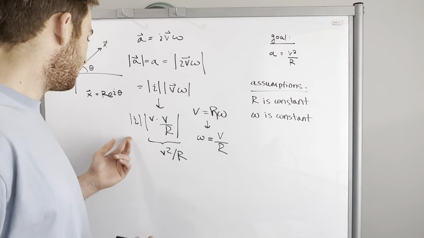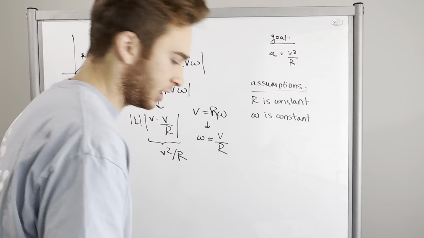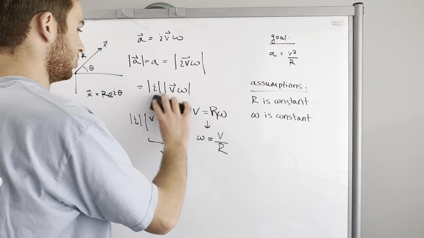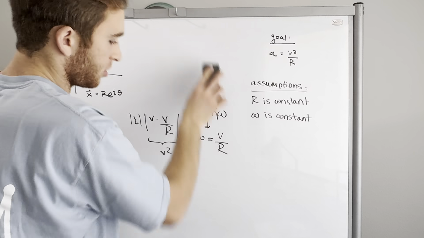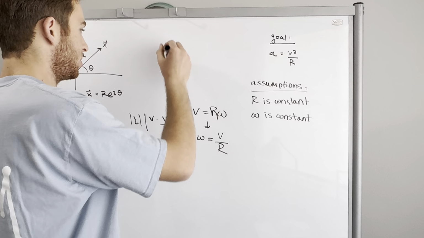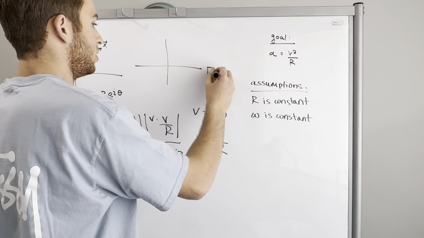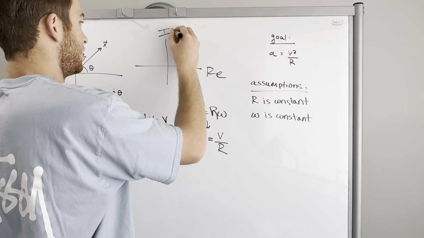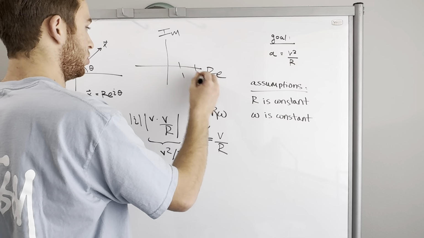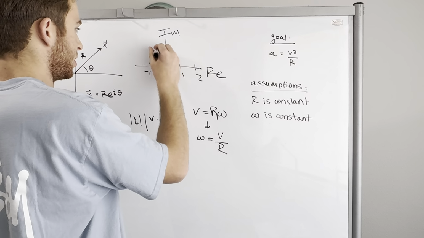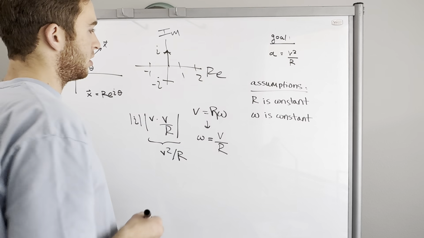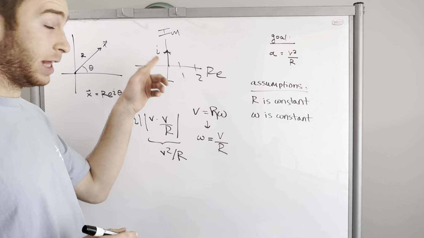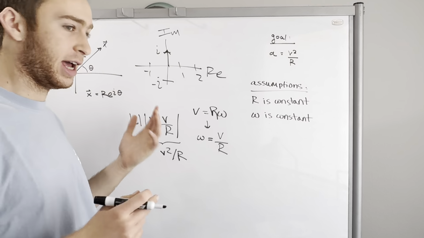And then the magnitude of i: if you think of what i really is, i is a complex vector, right? i is a vector in the complex plane. If you write down your real and imaginary axis, say 1, 2, just writing down some coordinates, i is just a vector with length 1 on the imaginary axis, and so the magnitude of i is just 1.